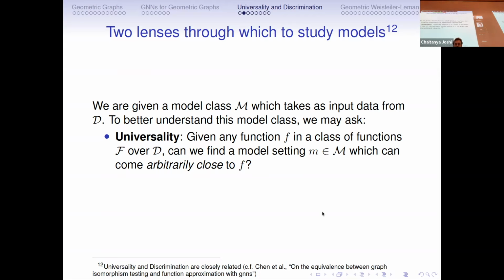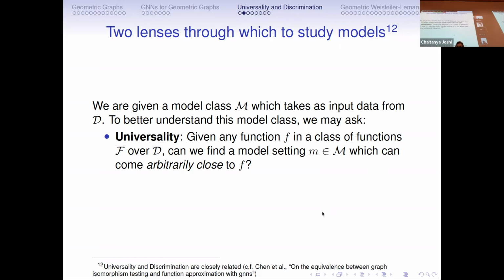Just to elaborate on the setting, we're given a class of models which I'll call M, and some general input data, which I'll call D. A very common question, which many of you will be familiar with, is universality: if I have any function from a reasonable set of functions that I can build on this data set, can I find a model in my class of models that gets the same output as that function, or at least arbitrarily close?